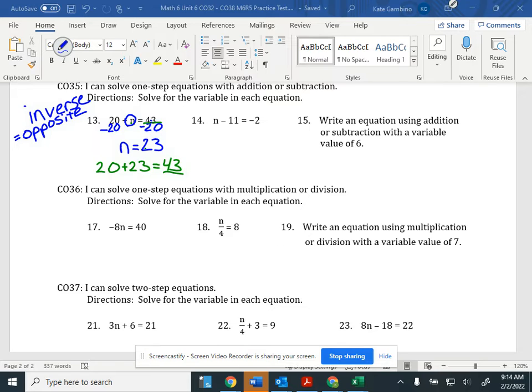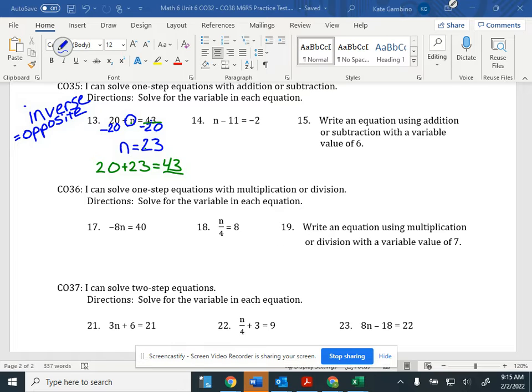It might seem like extra math, but it's getting you in the habit of doing it. So when we get into the more complicated multi-step problems, we know exactly what to do. A lot of us, when we got to the two-step, went, oh gosh, now what? If we understand how the one-step works, the two-step goes a whole lot easier.